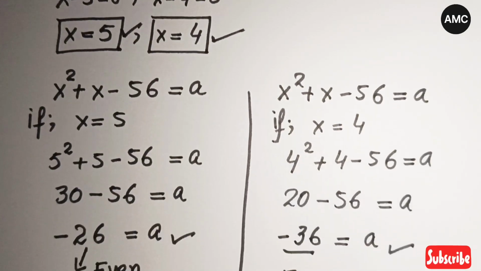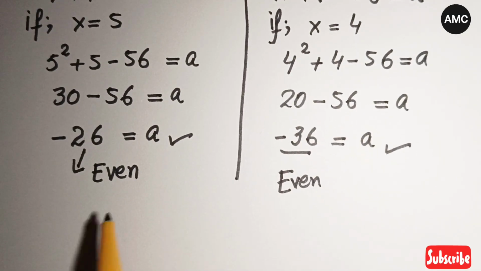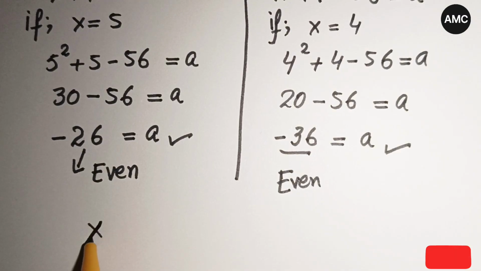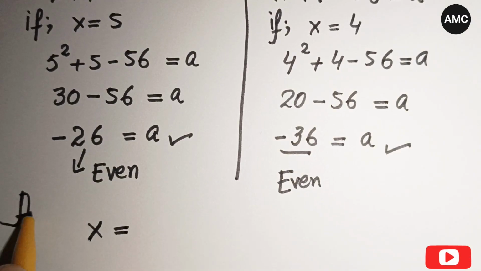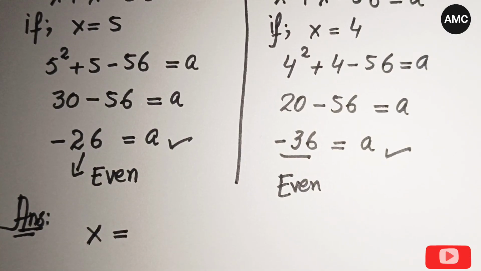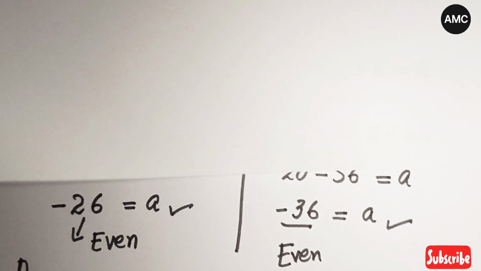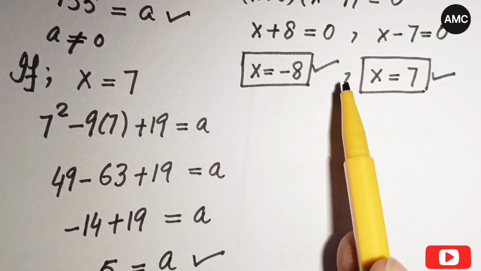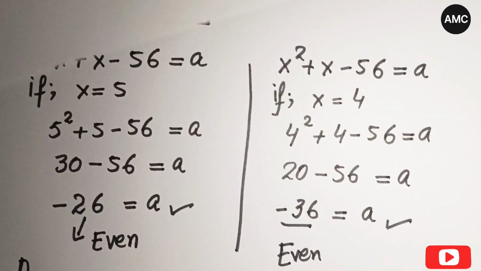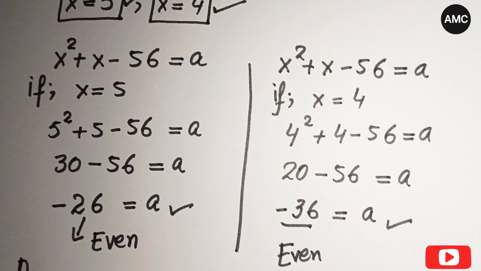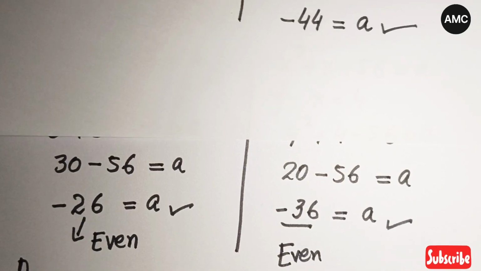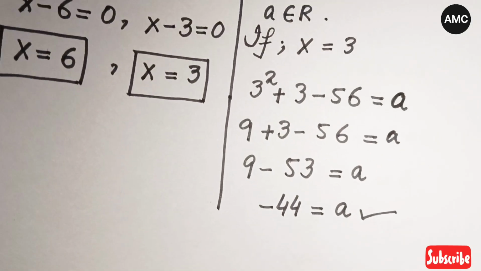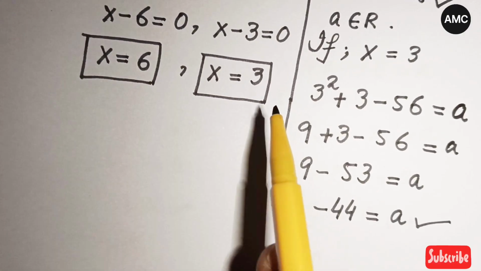Now finally we get the values of x, our final answer. From our case 2, we get −8 and 7, and similarly from our case 1 we get x equal to 6 and 3.